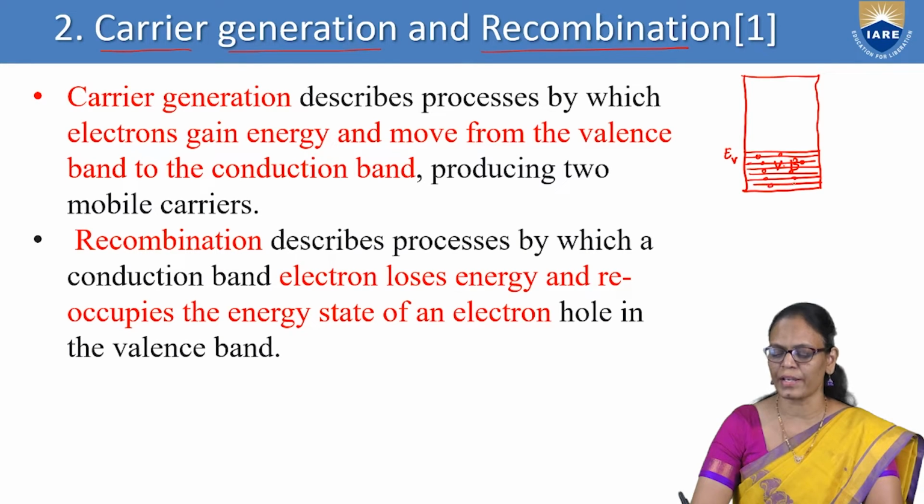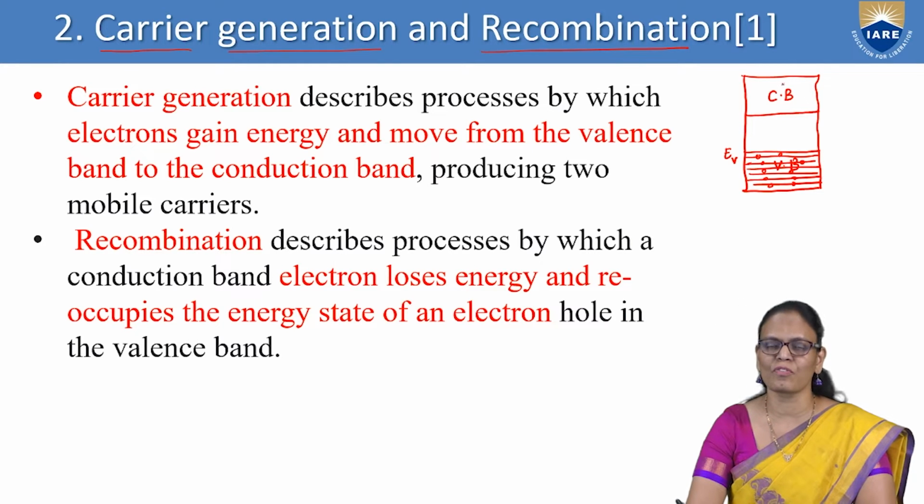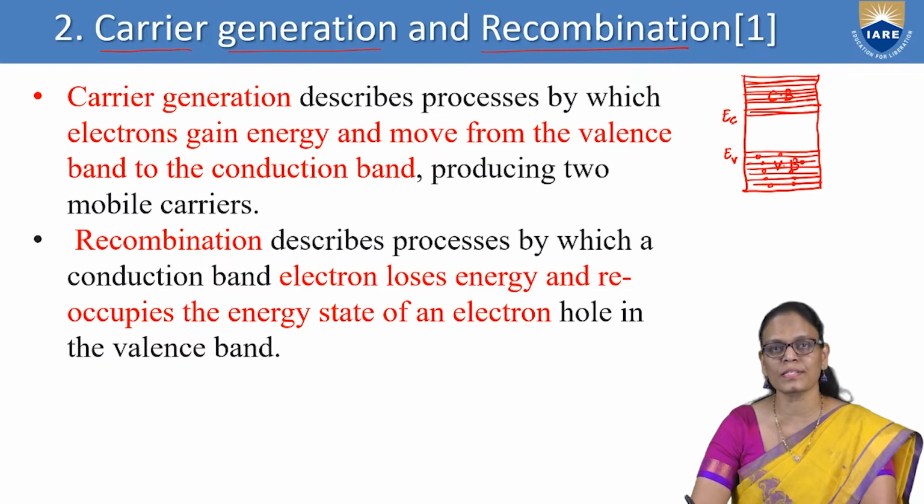These are the electrons. Now here, this is the conduction band. Conduction band denotes the energies of all the conduction electrons, that are free electrons, put together. The lowest level is denoted by EC. EC represents the lowest level in the conduction band.